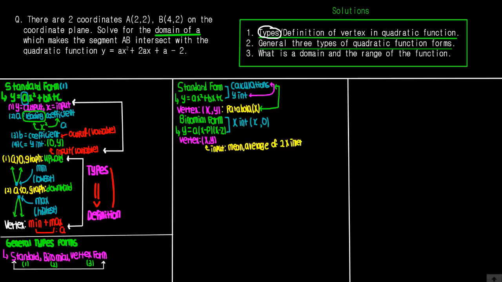This is one of the properties and conveniences of the binomial form. We don't have to convert it into some specific format, unlike the standard form.